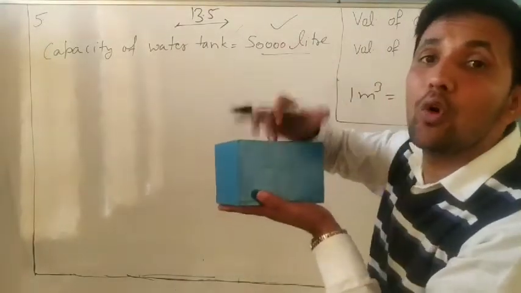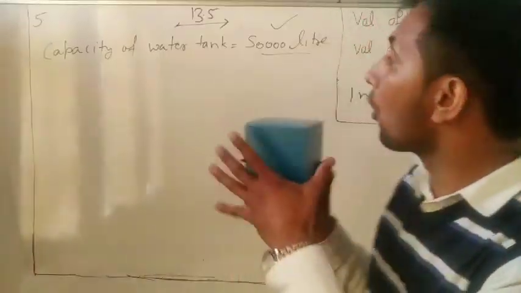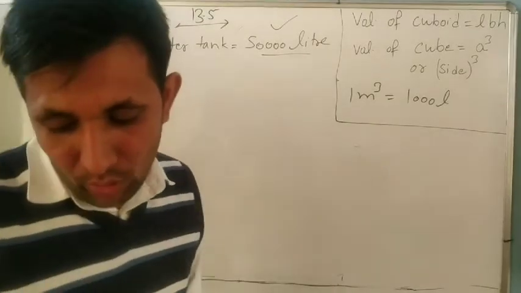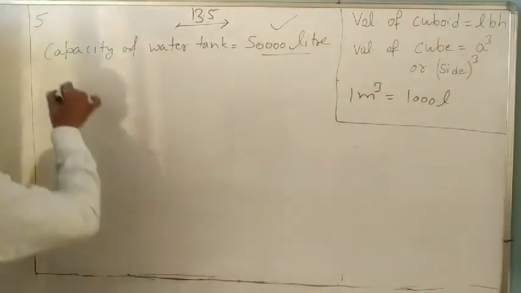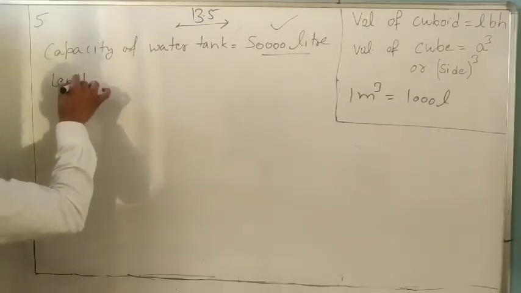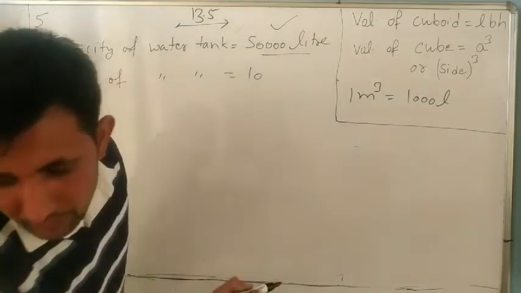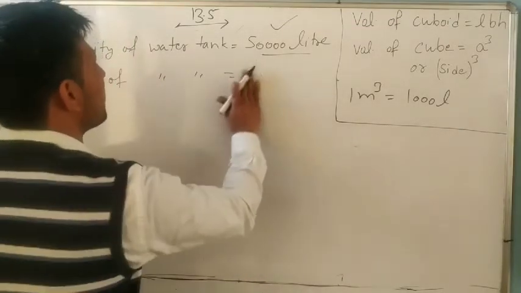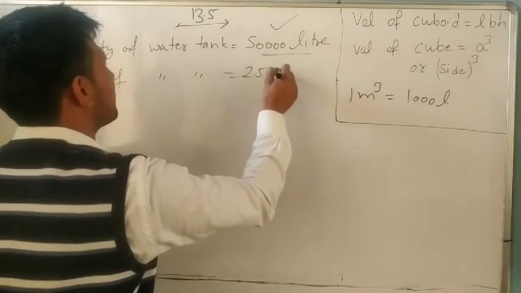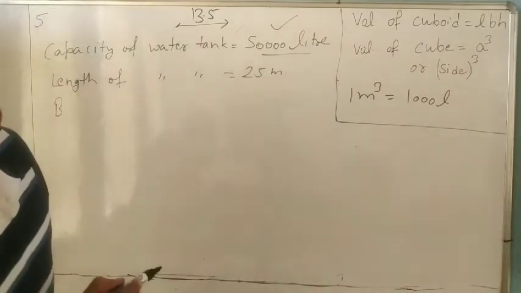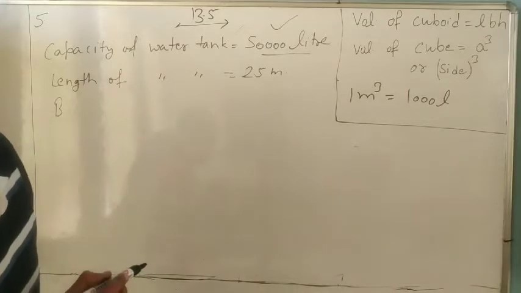It means its volume is such that it can hold 50,000 liter of water. Then we have to find the breadth of the tank if the length and depth are given. So write the length of the water tank is 10 meter, and depth is 2.5 meter. We have to find the breadth.